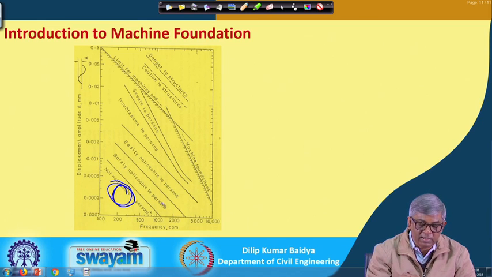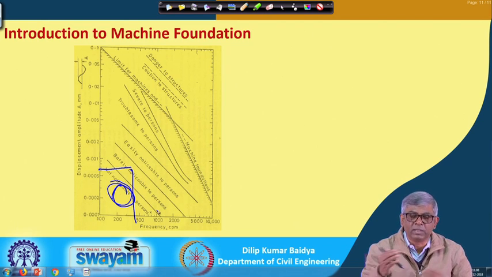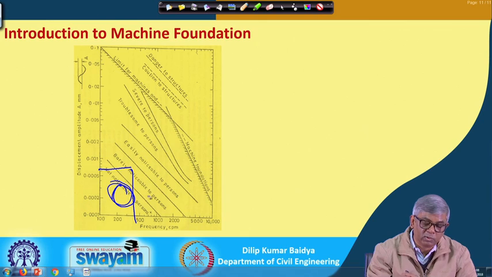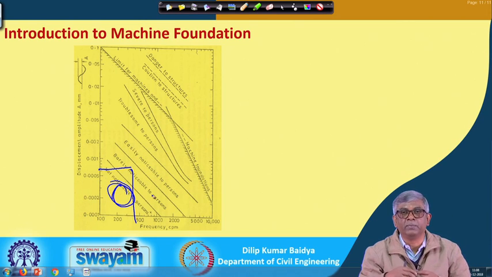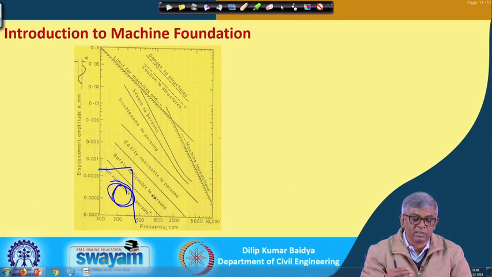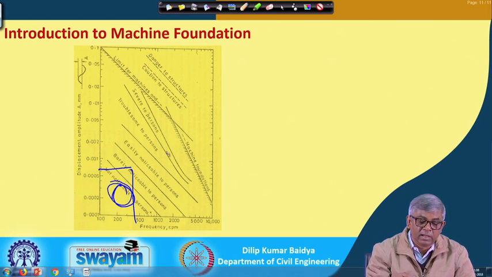Then you can see barely noticeable, that means your frequency and amplitude are kept in such a way that sometimes it will be noticeable, that is also safe, and then easily noticeable to a person. Now, if the frequency and amplitude are such that they fall within this zone, then it is easily noticeable, that means people may feel it. So, you have to design accordingly, and different ranges are given.